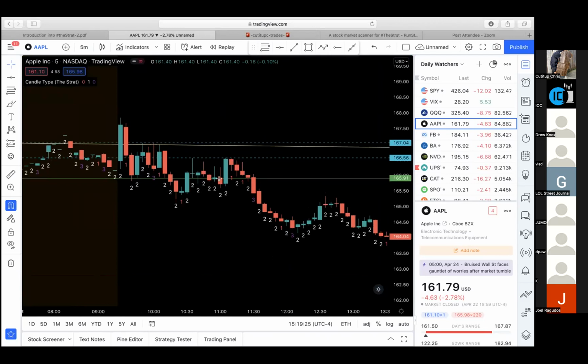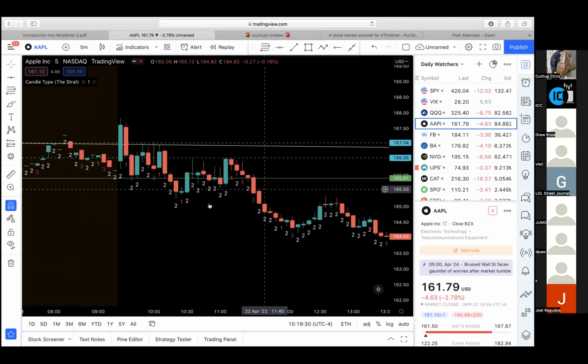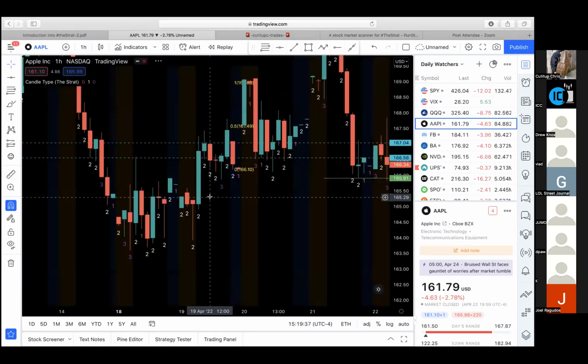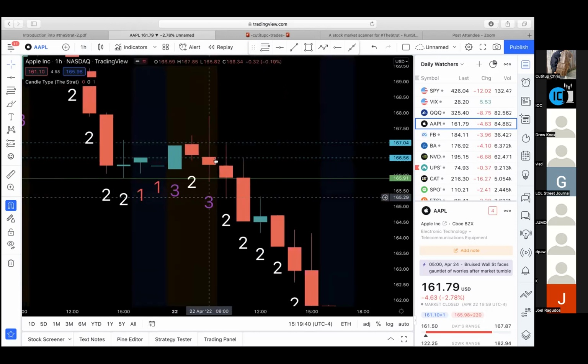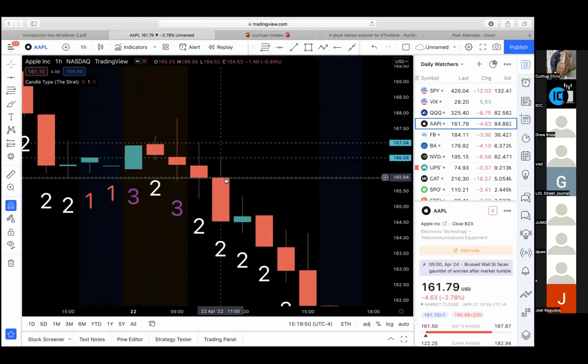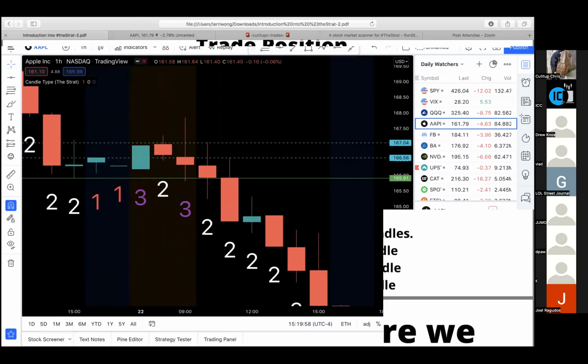When all this corrective activity was going on, on the hourly, this was just an inside bar. No decision made yet. So that's why I said every hour is like a new day.